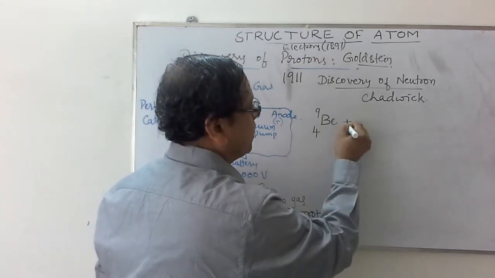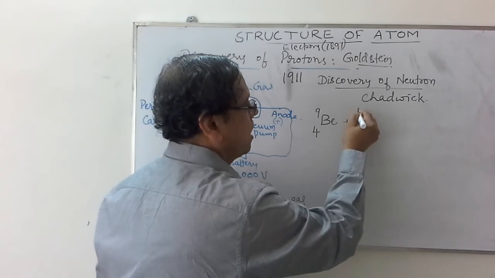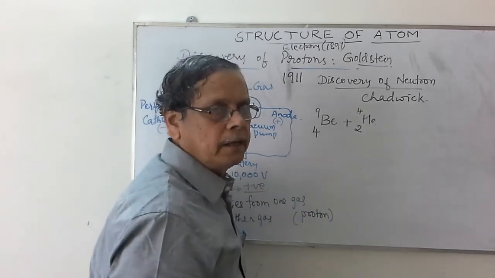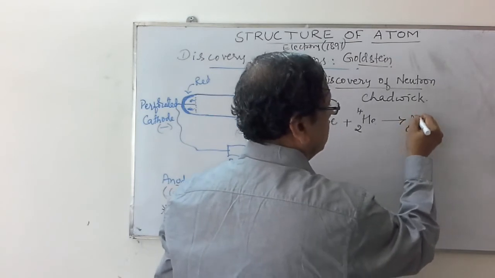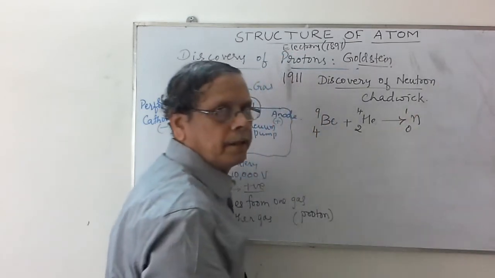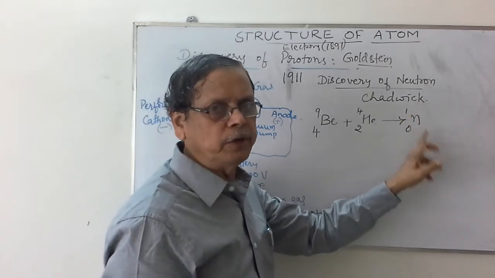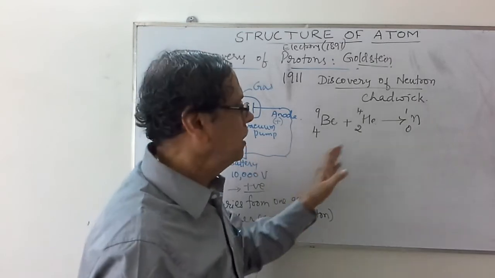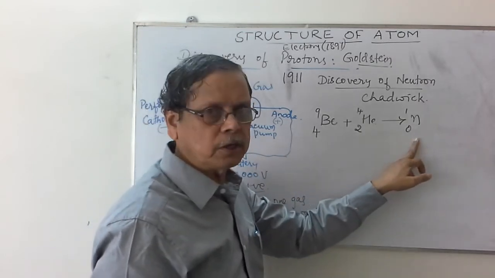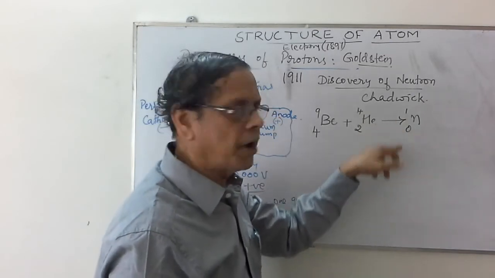When this is bombarded with the helium nucleus, called the alpha particle, we observe that it produces a particle with atomic number 0 and mass number 1. This does not carry any charge but carries unit mass, almost the same as the proton. Since there is no charge on this particle, it is called the neutron.